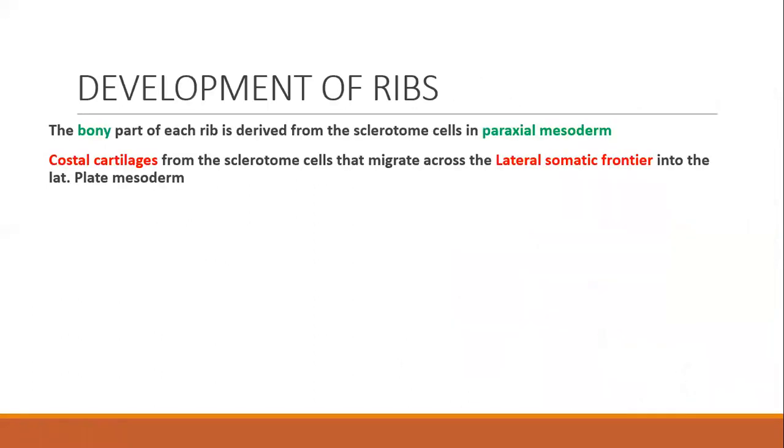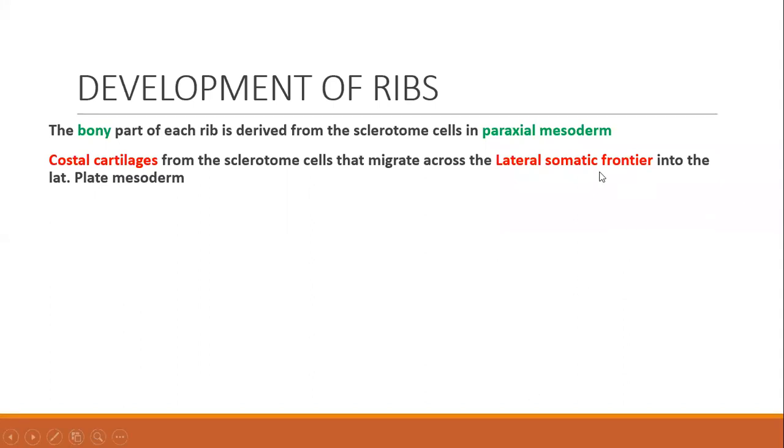And how are ribs developed? Ribs lie along the sides of your sternum. Ribs have two components, the bony component and the costal cartilages. The bony component of each rib is derived from the sclerotome cells in the paraxial mesoderm, while the costal cartilages arise from the sclerotomal cells that migrate across the lateral somitic frontier in the lateral plate mesoderm.